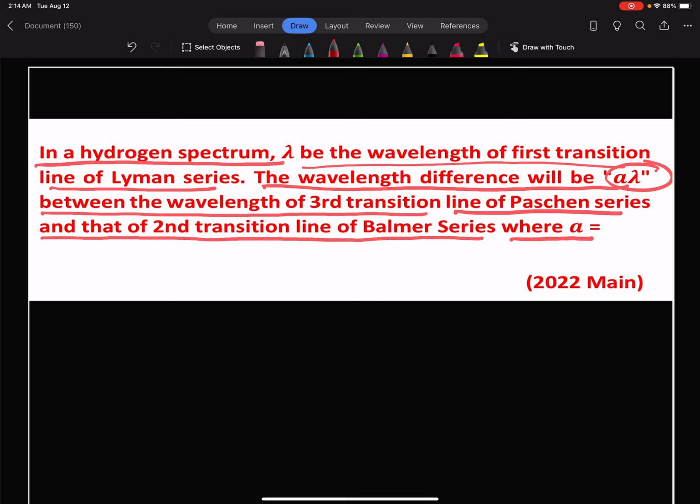In the Lyman series, it states that the wavelength is lambda when there is the first transition line. First transition line means from 2 to 1.